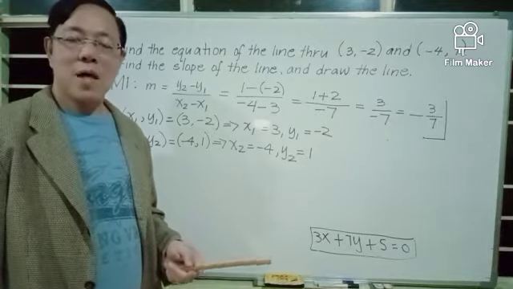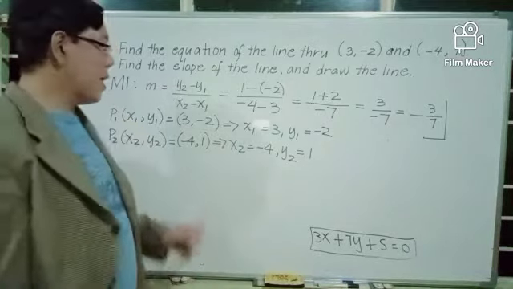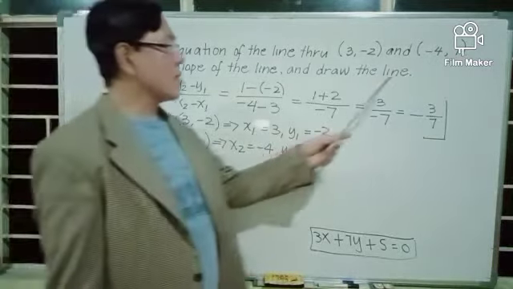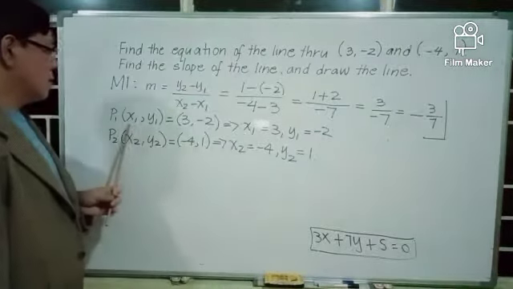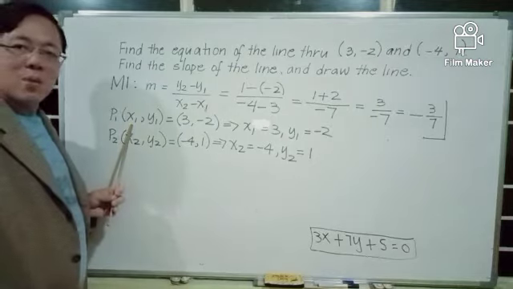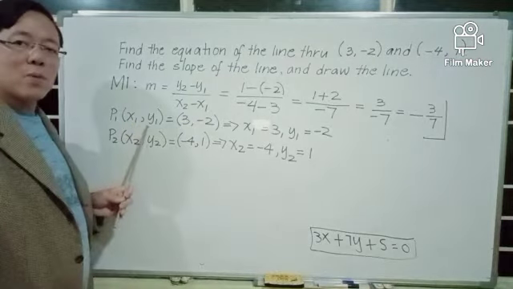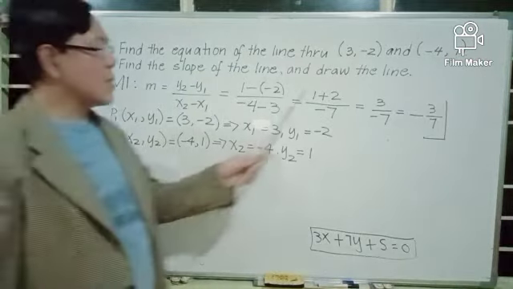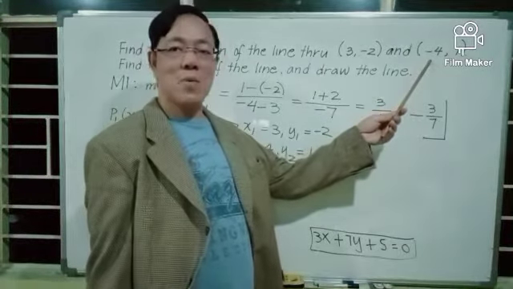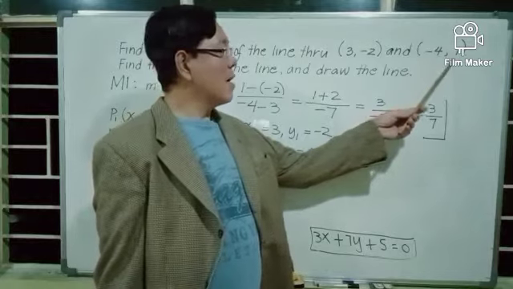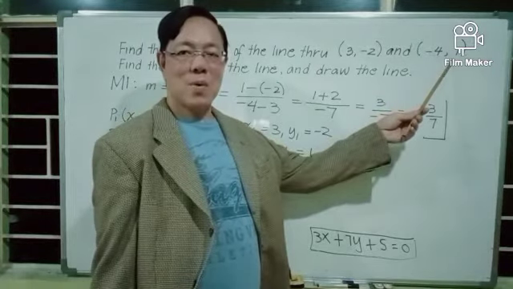You should obtain the same value for m if you take negative 4, 1 as the point P1 with coordinates x1, y1. If you take this as the first point P1, then x1 will be negative 4 and y1 will be positive 1.